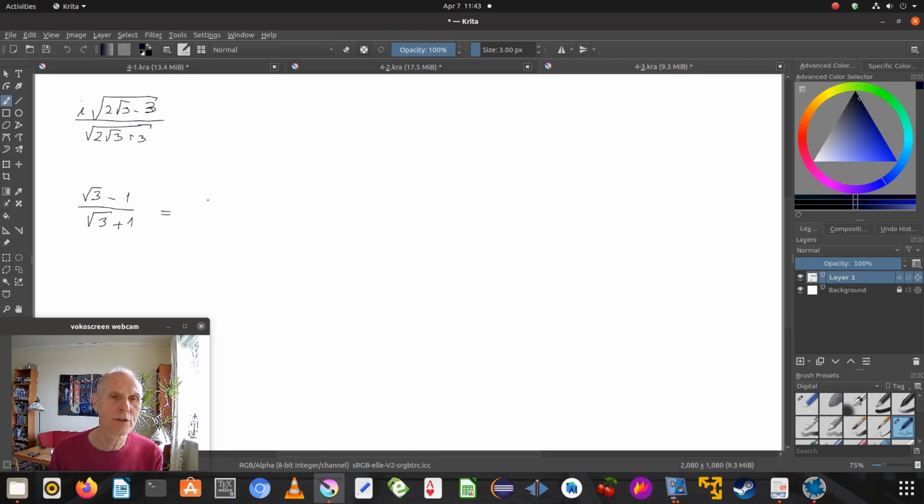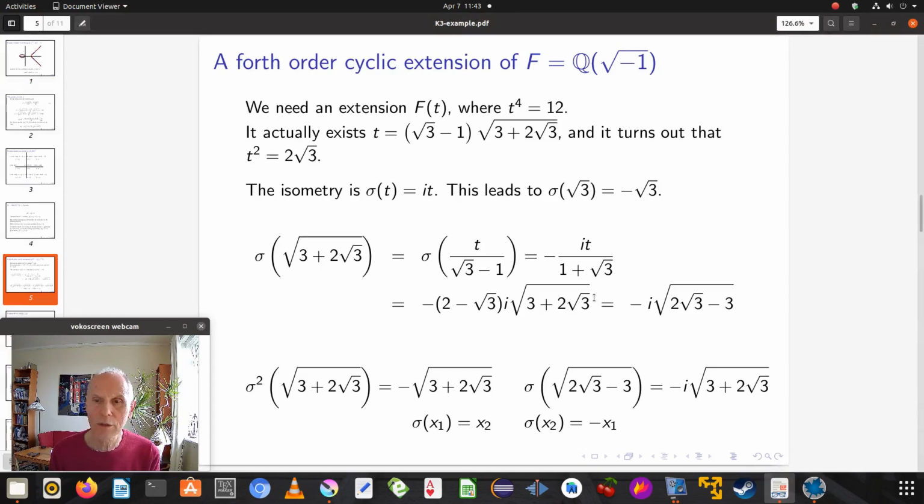That gives square root 3 minus 1 squared. So that's 3 plus 1 minus 2 square root 3 divided by 3 minus 1. So that's 2 square root 3. That's what it says here, 2 minus square root 3. And then this.